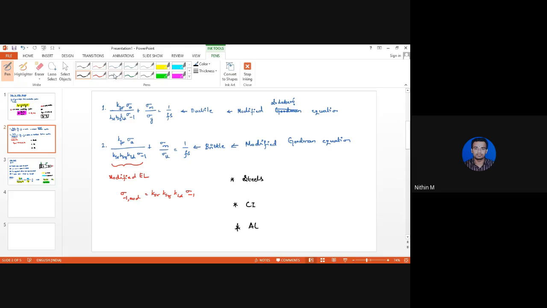For steel, the endurance limit is half of ultimate strength. For cast iron, it is equal to 40% of ultimate strength. And for aluminum, it is equal to 30% of ultimate strength. So this is the empirical relation that we have. Remember the empirical relation.